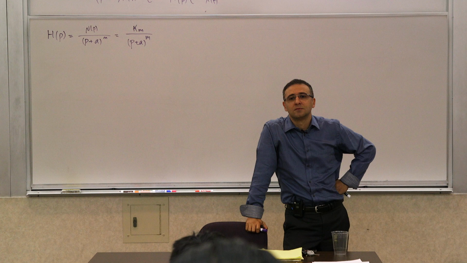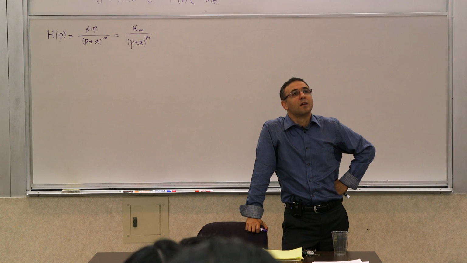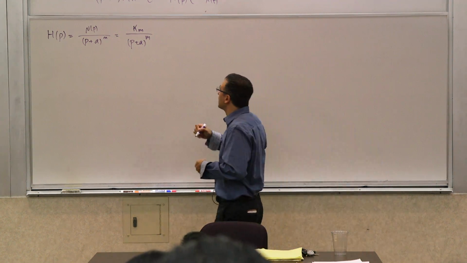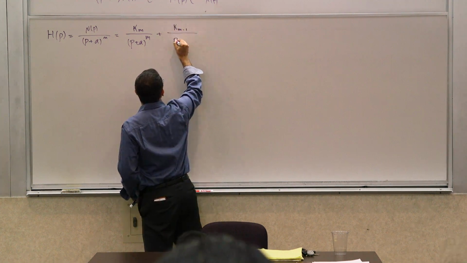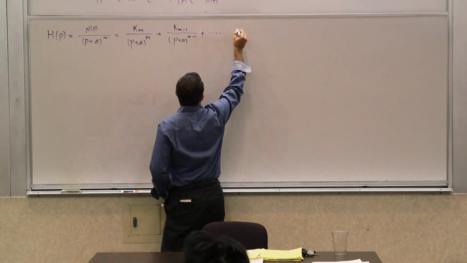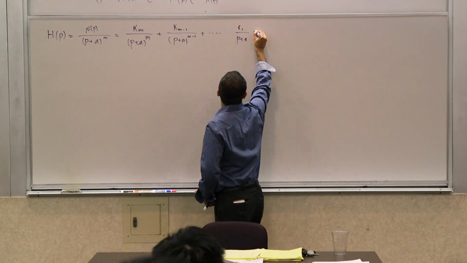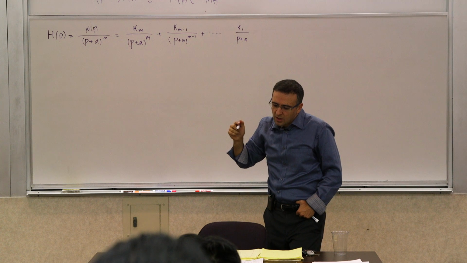What else do you need? Yes, you need to have all the powers of P plus A. Exactly. In general, this should be plus K m minus 1 over P plus A to the m minus 1, all the way to K1 over P plus A, plus some function.